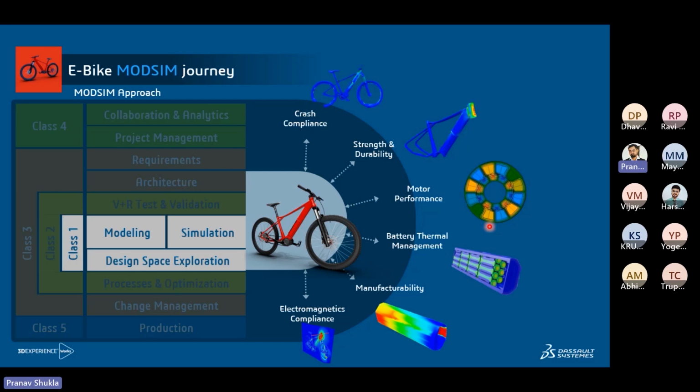Now, class one is the heart of the modeling approach. That represents the tight integration between the modeling and the simulation. Let's move on to understand the modeling journey of the e-bike, where the concurrent design and simulation iterations are executed between SOLIDWORKS and the 3D Experience platform to assess the structural durability, electromagnetic, plastic injection molding, and the thermal performance of various subsystems of the e-bike.